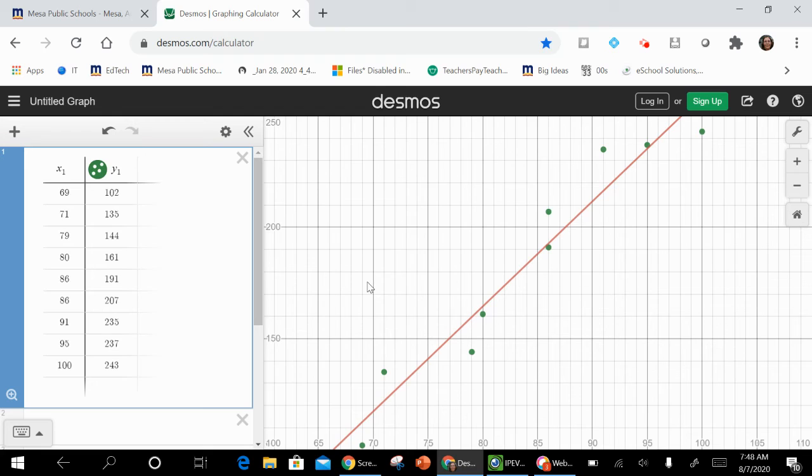Okay, and then this is going up by on the y-axis. So it goes 100, then it goes 150, then it goes to 200, and it goes to 250. So we have temperature versus the water bottle.